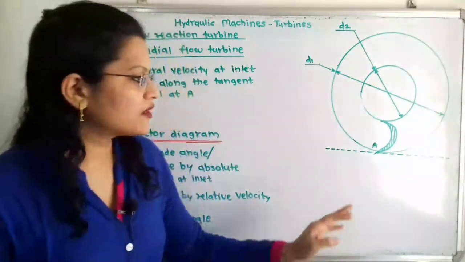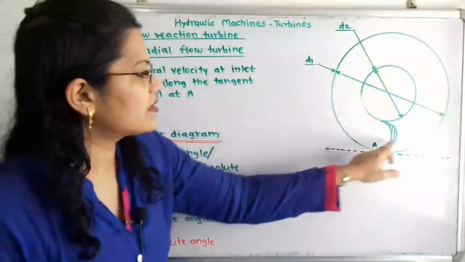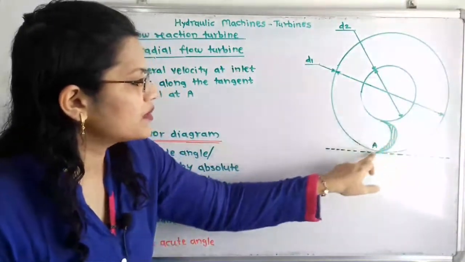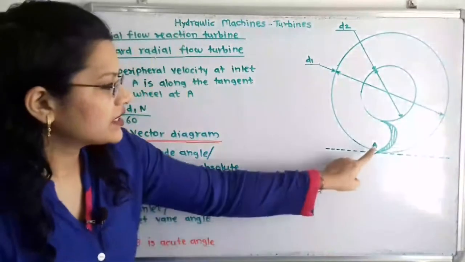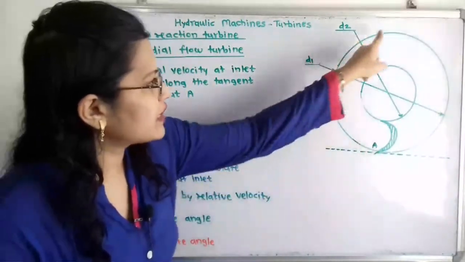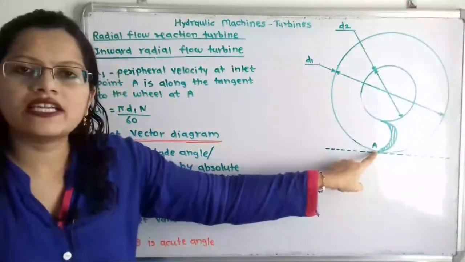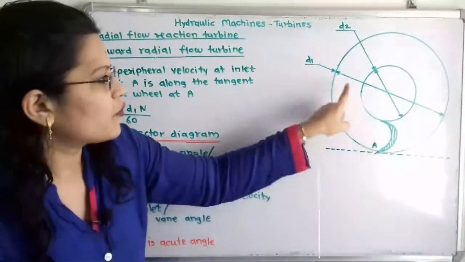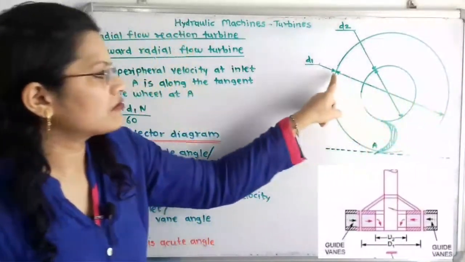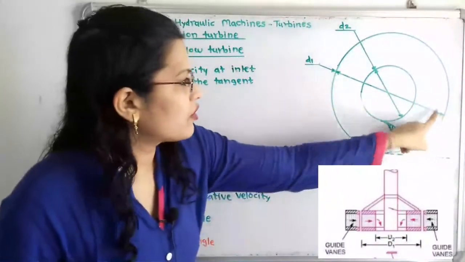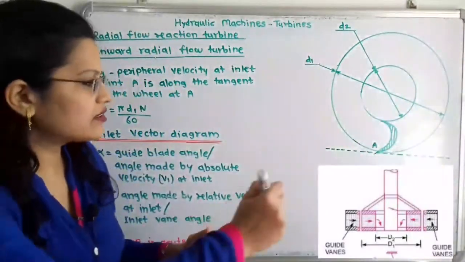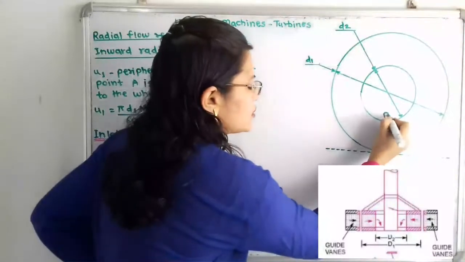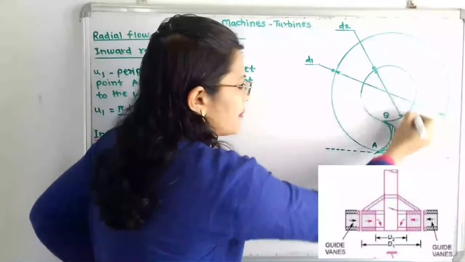So if we observe this diagram, here is the runner in which one of the vanes is selected, for which this point A, that is on the outer periphery, is the inlet tip. And what is the diameter for this outer periphery of the runner? That is D1. And we will consider another point, point B, which is on the inside periphery.